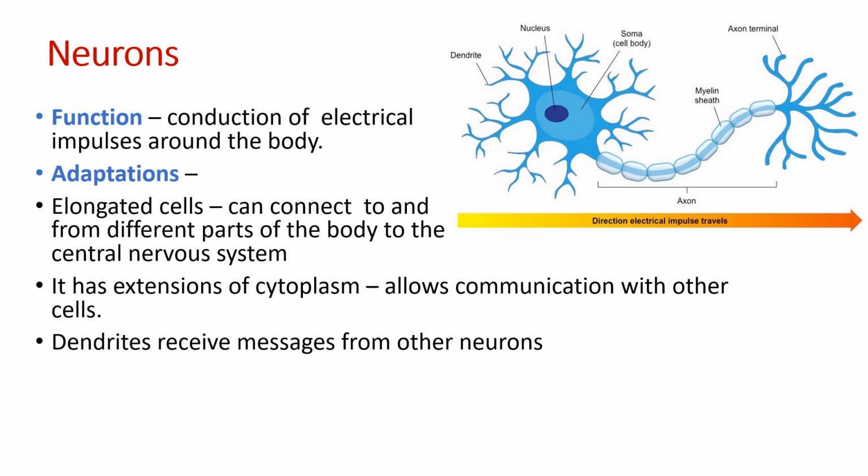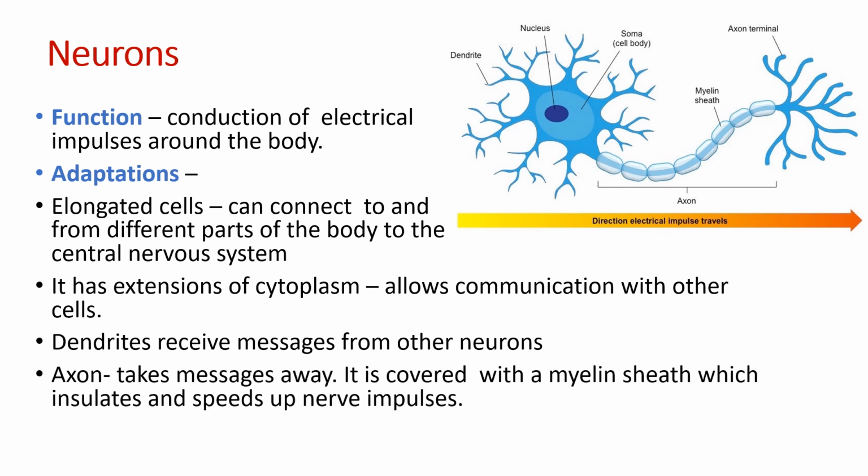There are short extensions of the cytoplasm called dendrites, and they are able to receive messages from other neurons. So these neuron cells are interconnected to form a network of neurons. Dendrites will receive messages from the other neurons and bring them towards the cell body. And also there is a long extension of the cytoplasm which is called the axon.